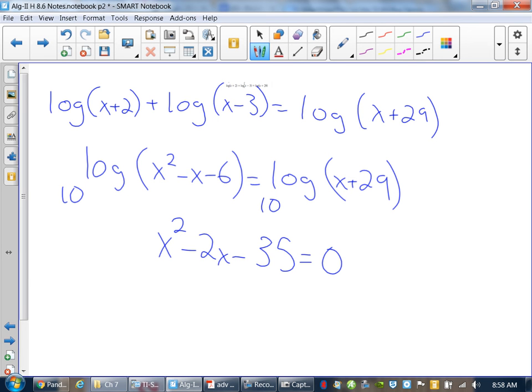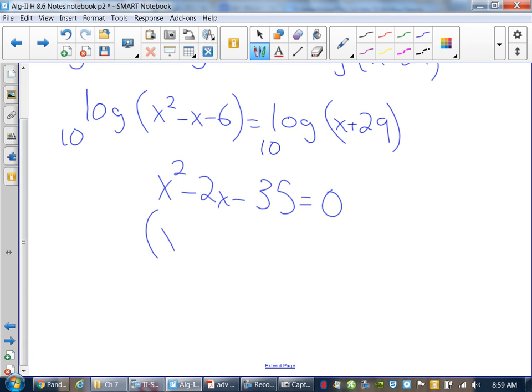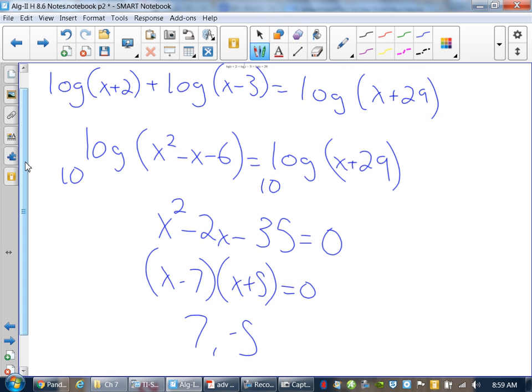So what times what is negative 35, and you add together to get negative 2? Then we go back to the original.